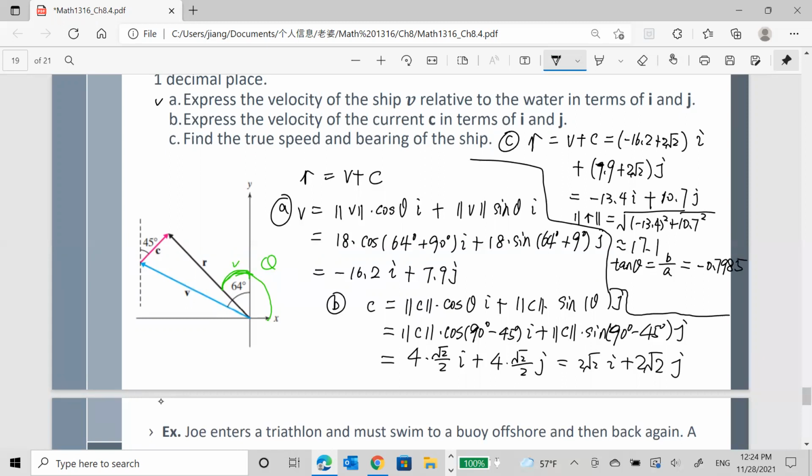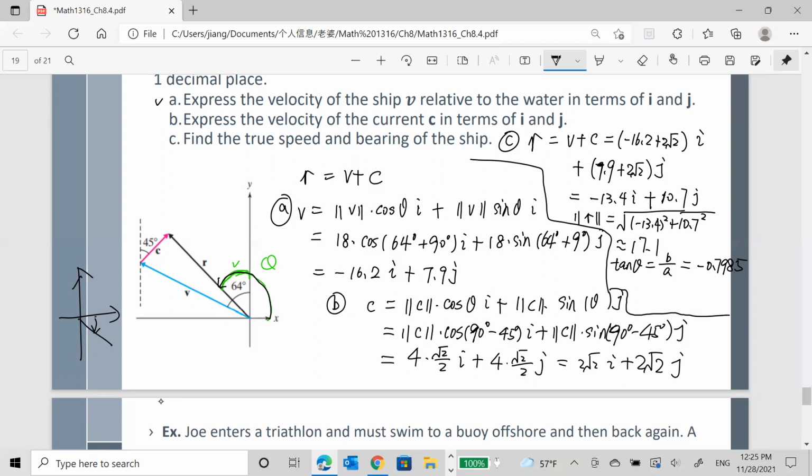If we want to find the inverse of tangent, we will get a negative angle. If we got a negative angle like this, how do we find the theta?